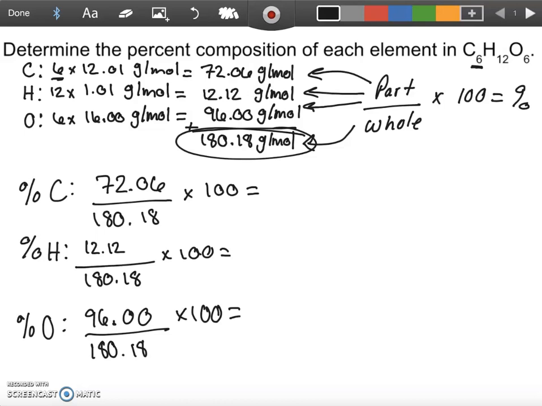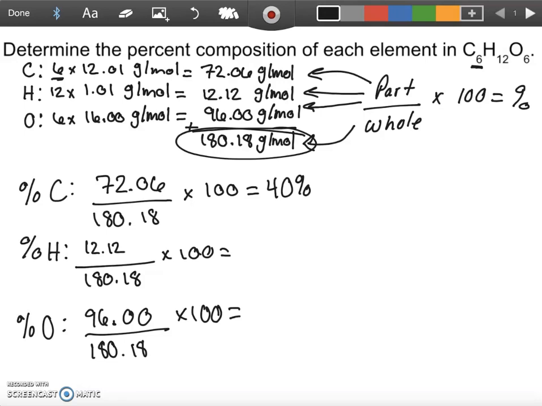Alright, let's go ahead and go through and calculate these. So we have 72.06 divided by 180.18 times 100, which is going to get you 40%. Then for the next one, we'll look at 12.12 divided by 180.18.